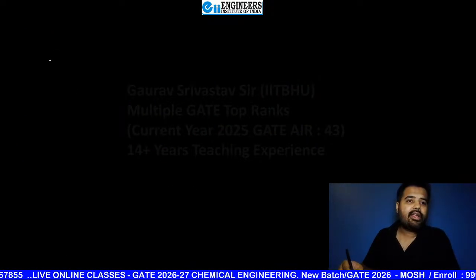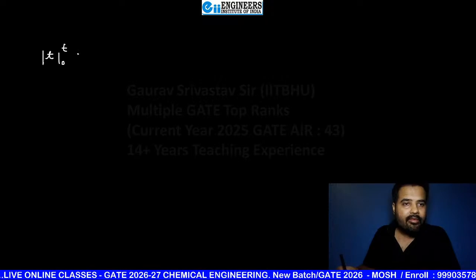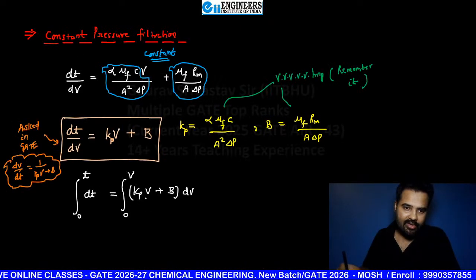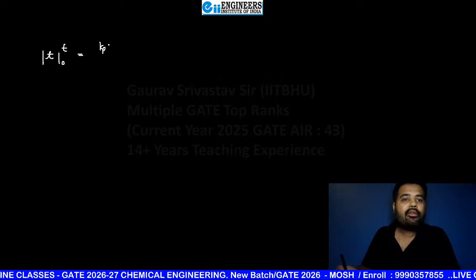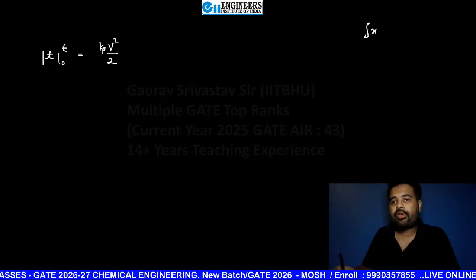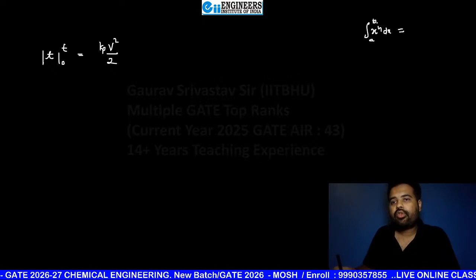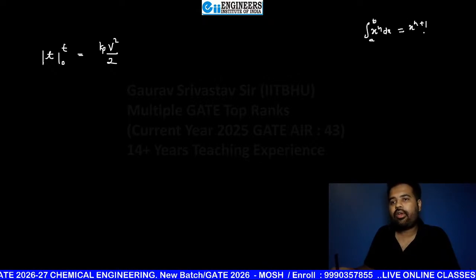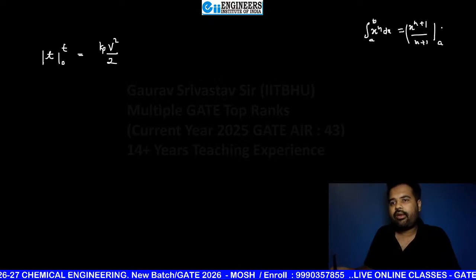On the left hand side you will get t, limit is 0 to t. On the right hand side it is Kp v square by 2. You know what is the integration of x to the power n dx? It is x^(n+1) by n+1. Same thing I had done here.